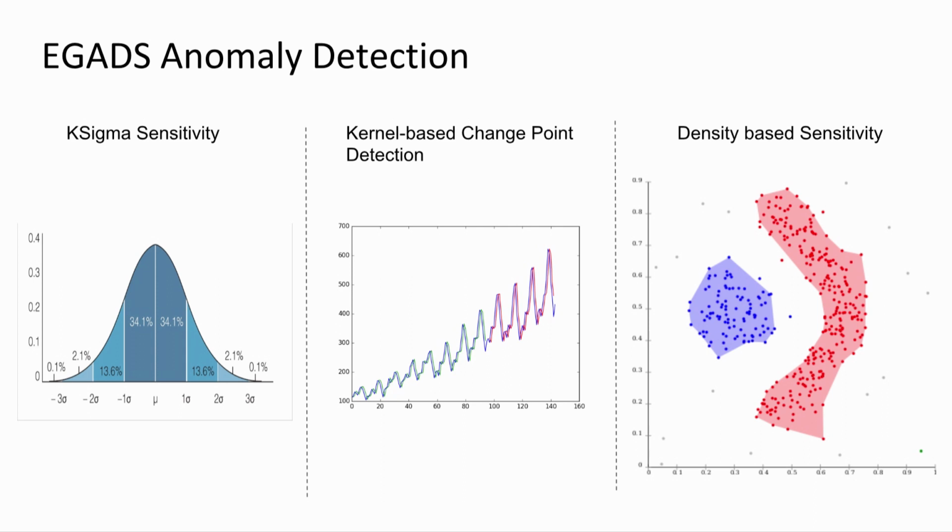The first class is k-sigma sensitivity, with which you can detect outliers. We model the bell curve on top of all the residuals and learn the sigma thresholds, basically the mean and the variance, dynamically using the k-sigma models. Then we threshold on the bell curve, and we remove all the anomalies and give them to the system.